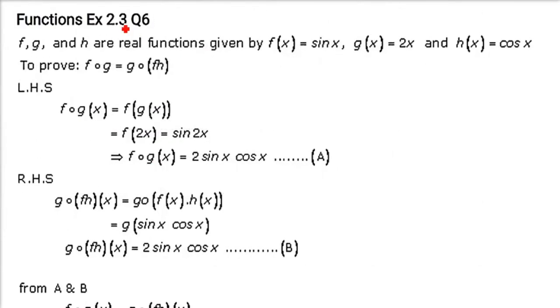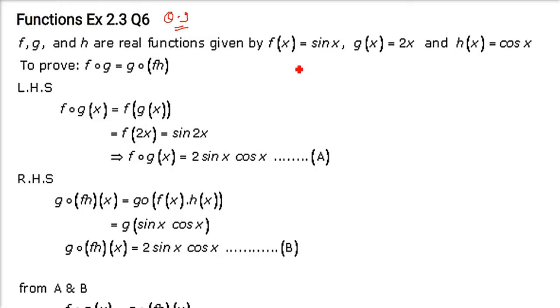Question number 6 here. Okay, let me just check and tell you that f(x), g(x), h(x) is cos x. Question number 6 is actually question number 9. Somewhere it is question number 6, somewhere it is question number 9. So f(x), g(x) and h(x). You have to prove that fog is equal to g of fh.